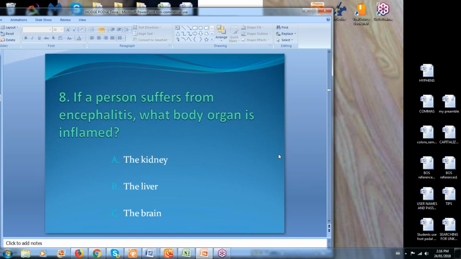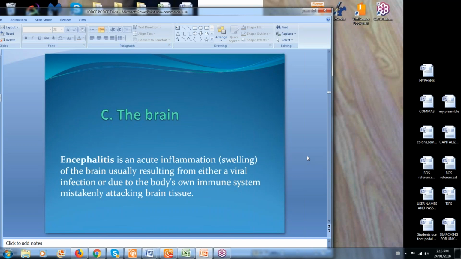Let's see here. The brain. That's right, number C, the brain. Encephalitis is an acute inflammation, in other words, swelling, of the brain, usually resulting from either a viral infection or due to the body's own immune system mistakenly attacking brain tissue.